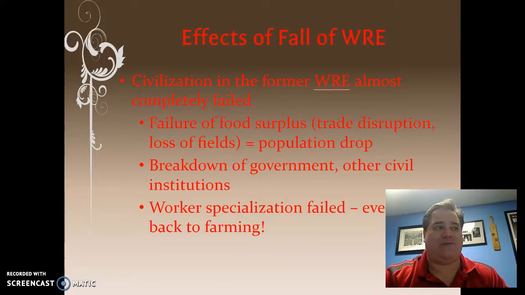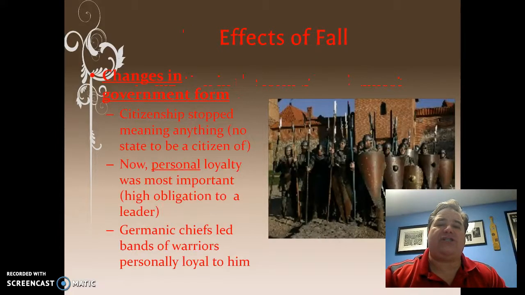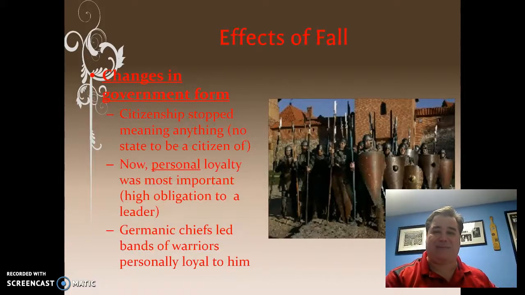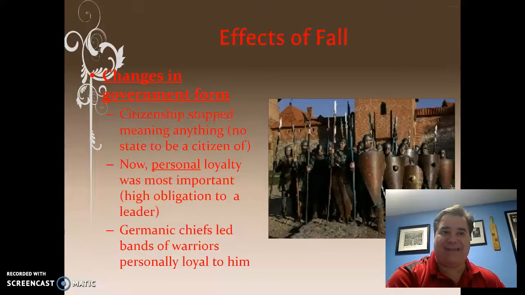They had to survive. You also had a change in government form. We've talked about citizenship versus subjecthood. Citizenship stopped meaning anything because the Roman Empire disappeared. There was no state to be a citizen of. Now personal loyalty was the most important thing.